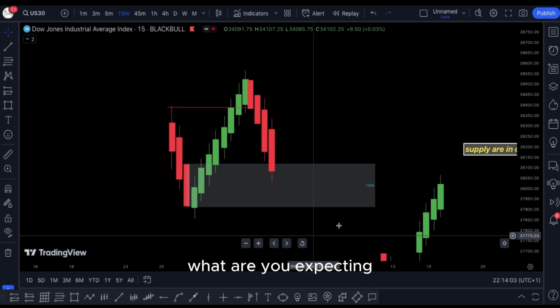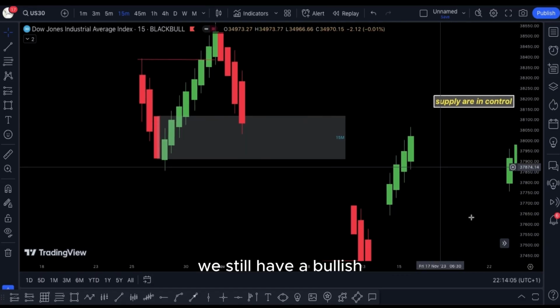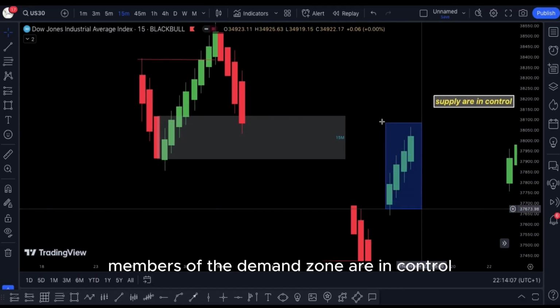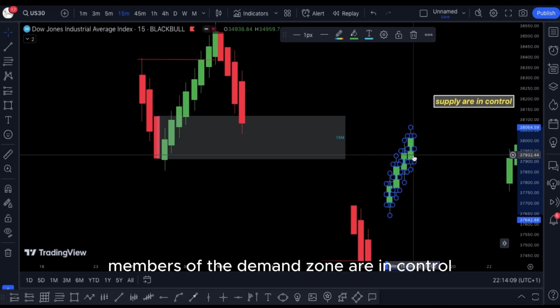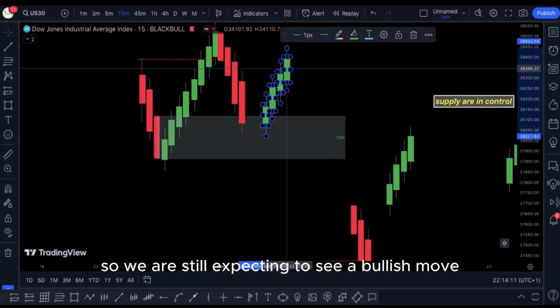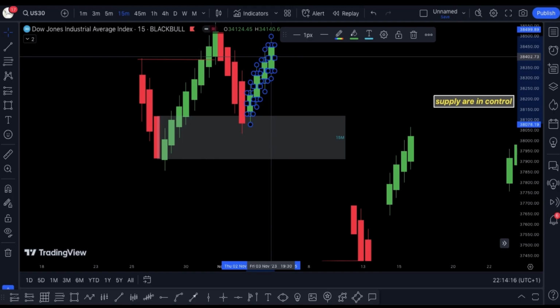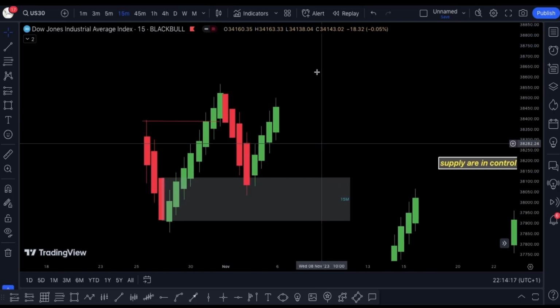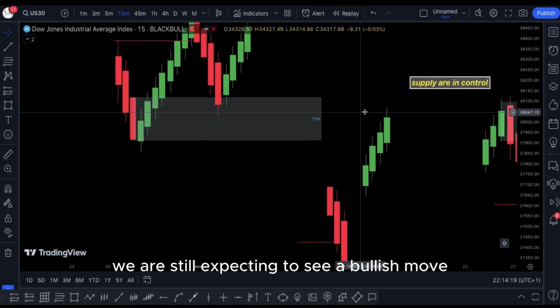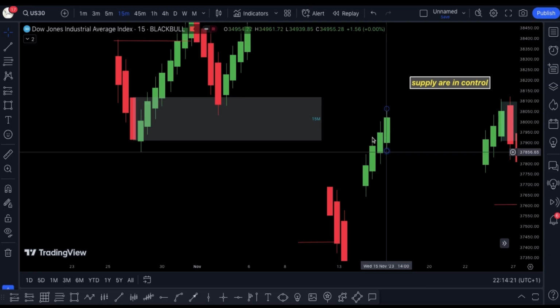What are you expecting? You are expecting to see that yes, we still have a bullish move. Remember, the demand zone is in control, so we are still expecting to see a bullish move.